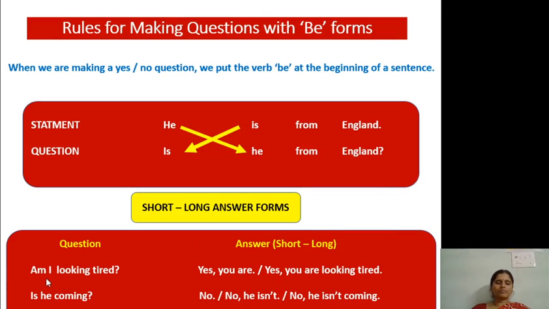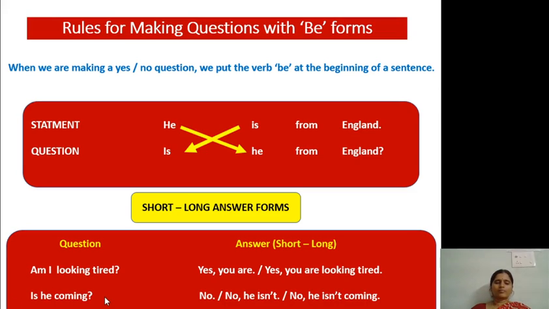See the example: "Am I looking tired?" This is a very simple question. For this question, we can answer in two ways. Either we can say in a very short way, "Yes, you are," or we can make it a little longer, "Yes, you are looking tired."